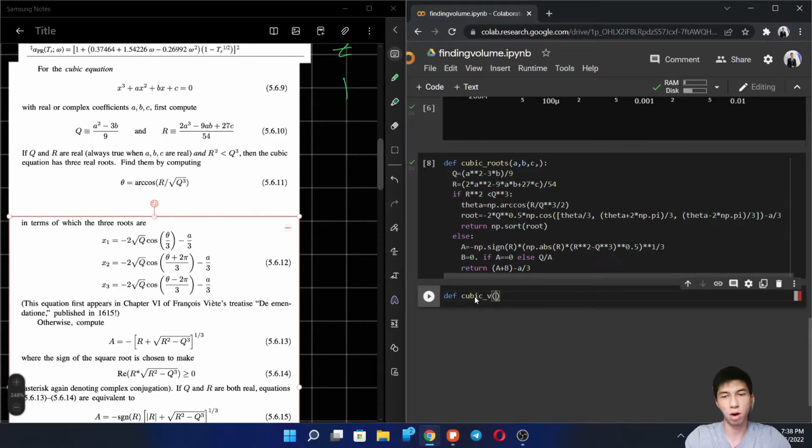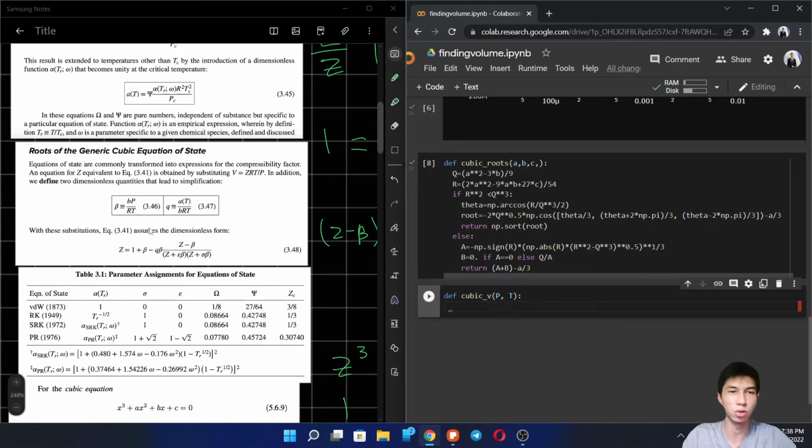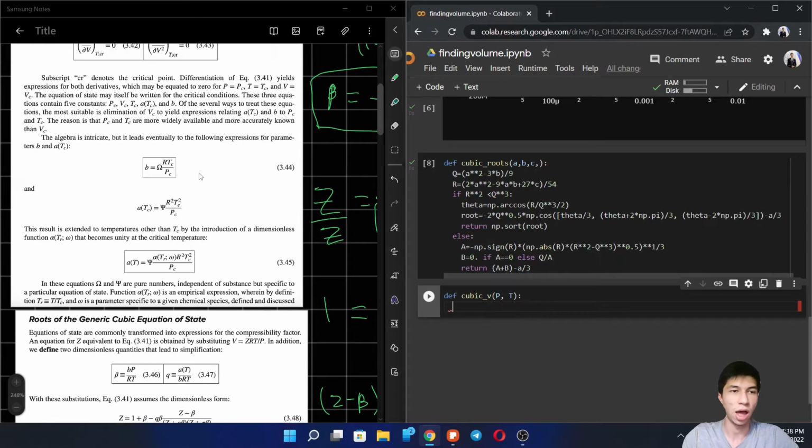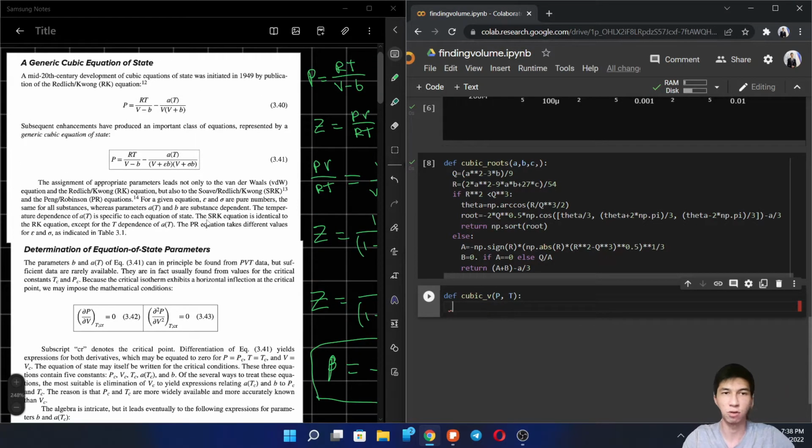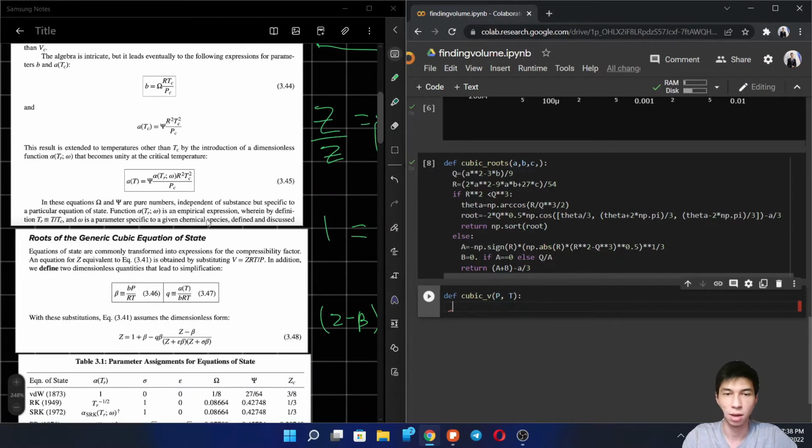And it's going to take the value for pressure and T. We can also specify the method that it can use. But for this task, we are using the SRK method, which stands for Soave-Redlich-Kwong method.